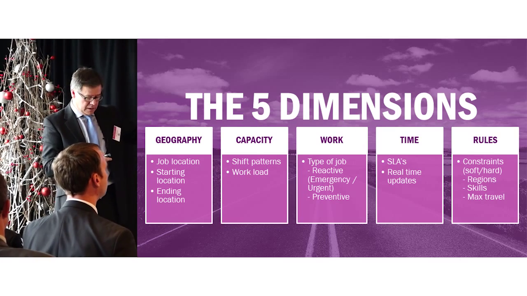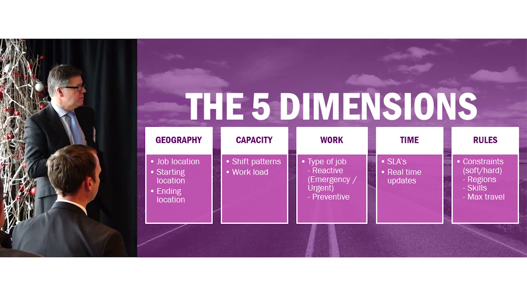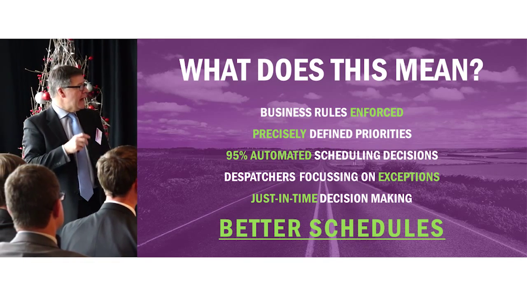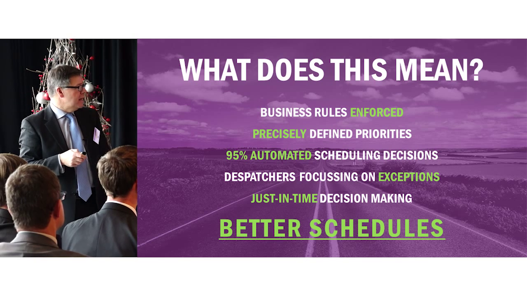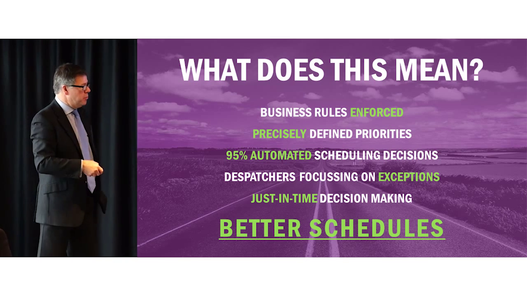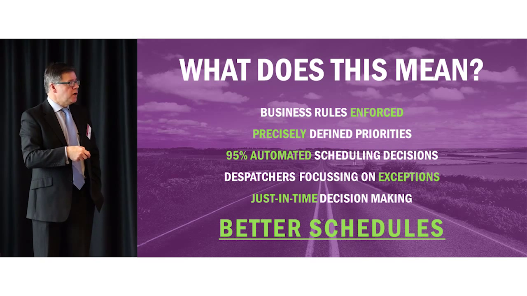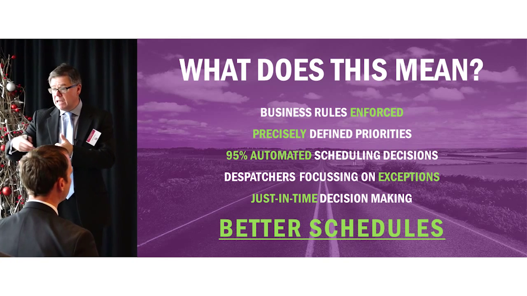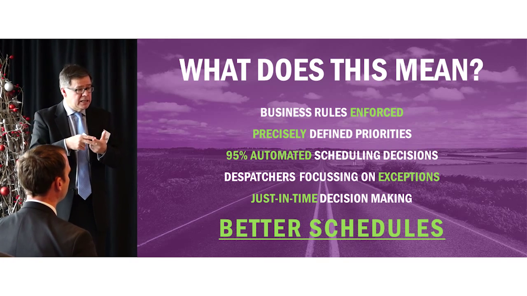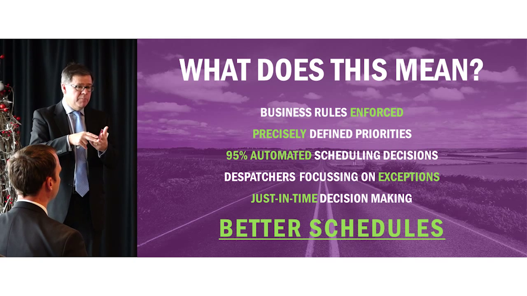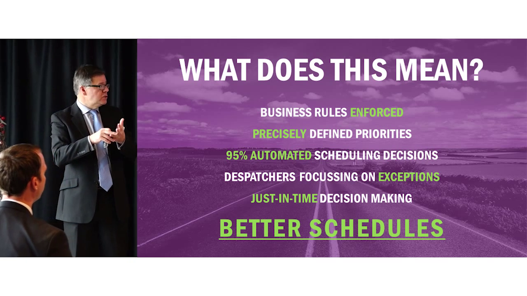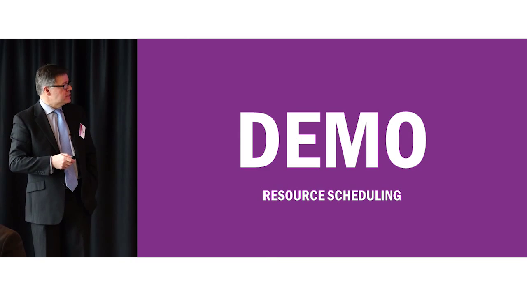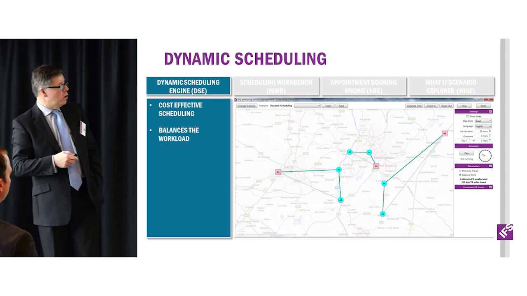So we have a capability to manage all of this, and what you do is you throw all of those business rules at the computer, and the computer comes out with better schedules. So all of those rules are enforced: the skills that people have, their position, their physical location, the SLAs, their working shift patterns, licenses. This is what you would typically get.